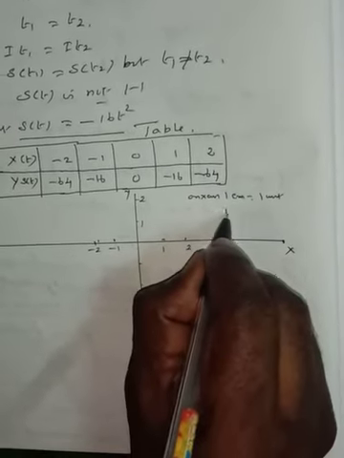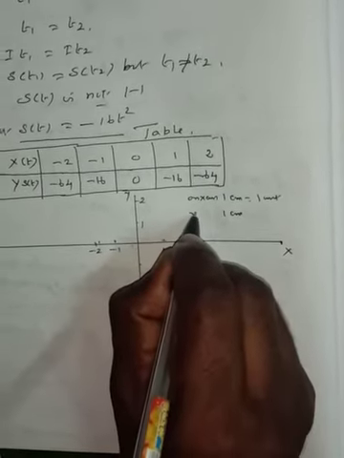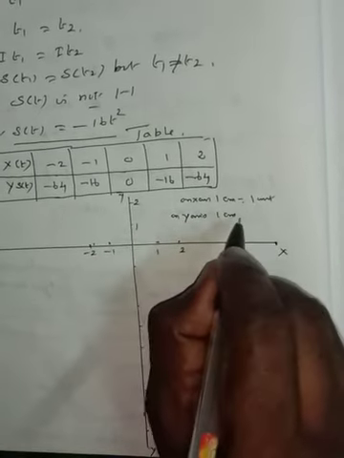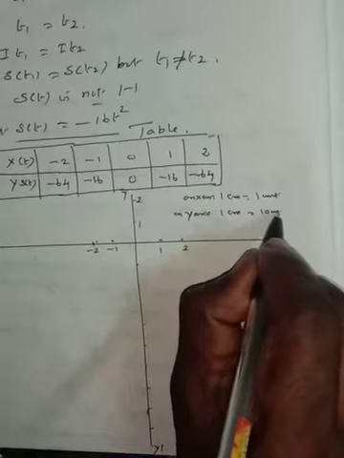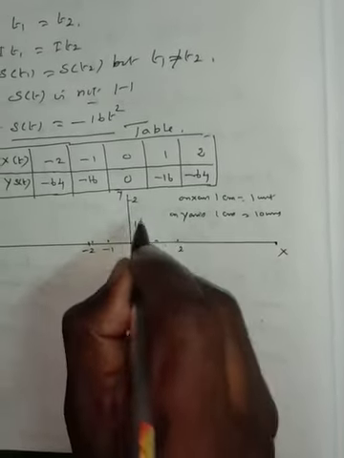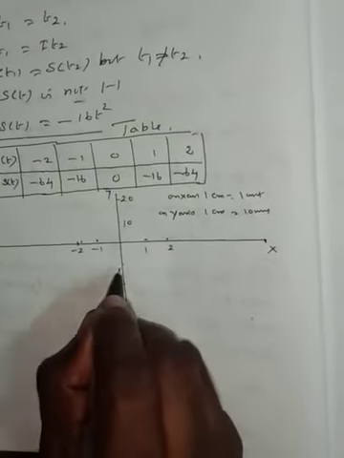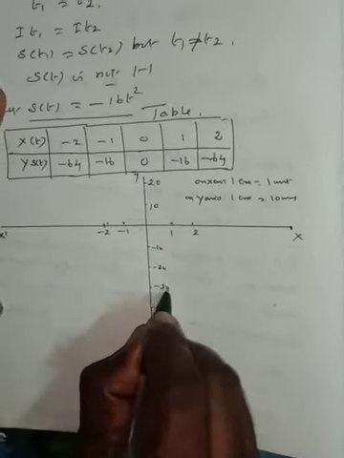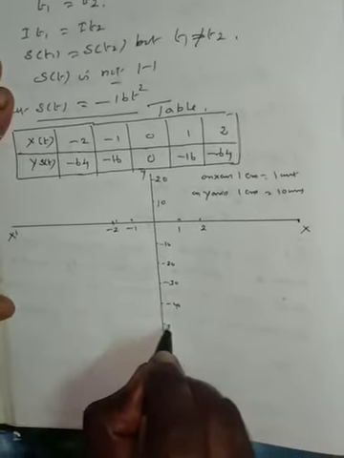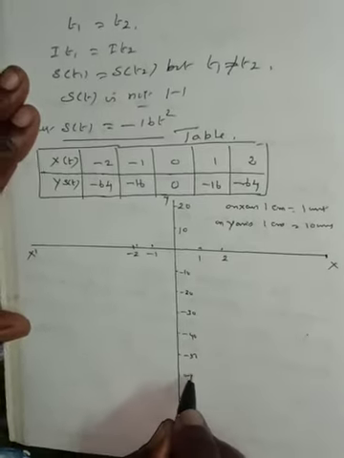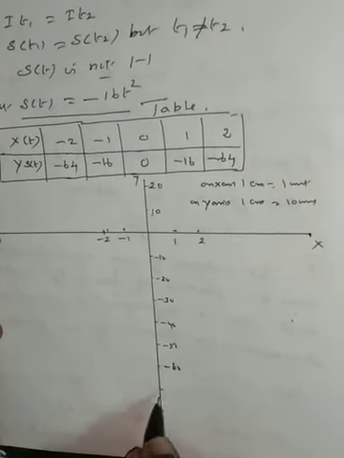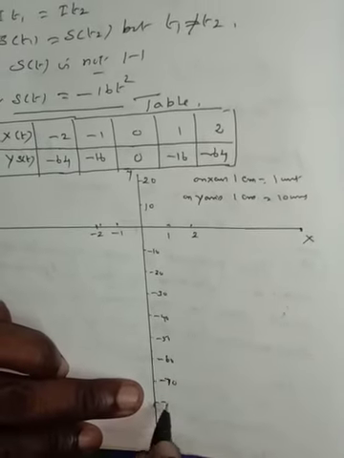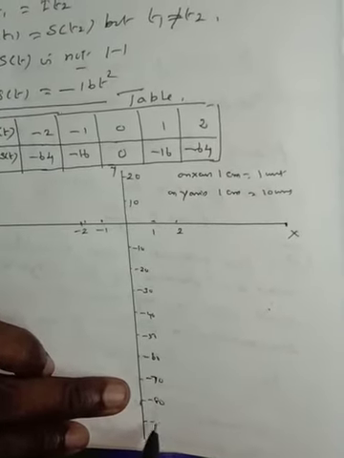On the y-axis 1 centimeter is equal to 10 units. So positive 10, positive 20, minus 10, minus 20, minus 30, minus 40, minus 50, minus 60, minus 70, minus 80, minus 90.